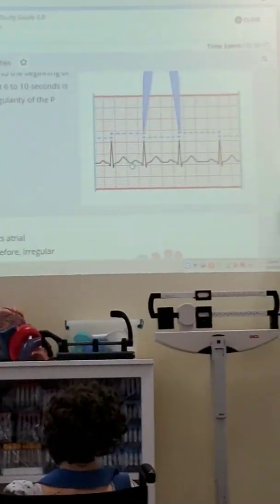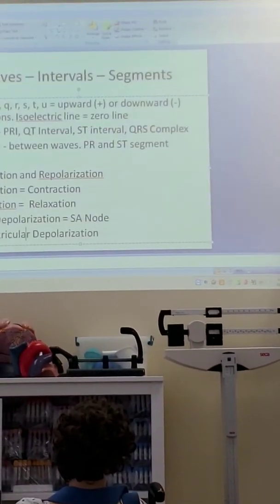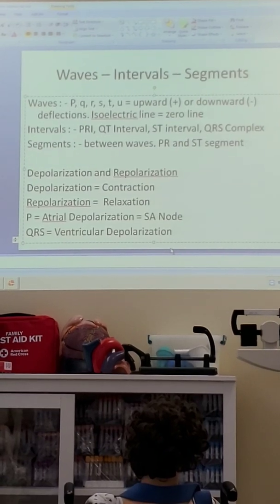So always when I see a P wave, I think of the atria in my mind. When I see QRS, I think of the ventricles. Got it? Because this one shows ventricular contraction, this one shows atrial contraction. Then the other one is the T wave.